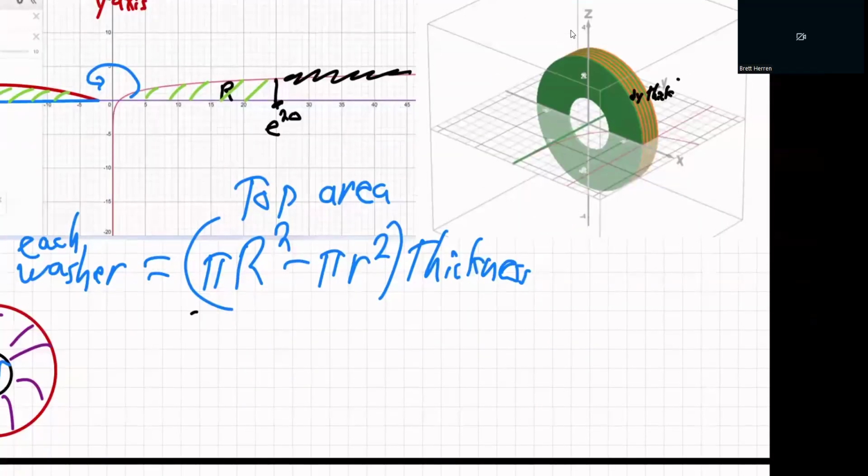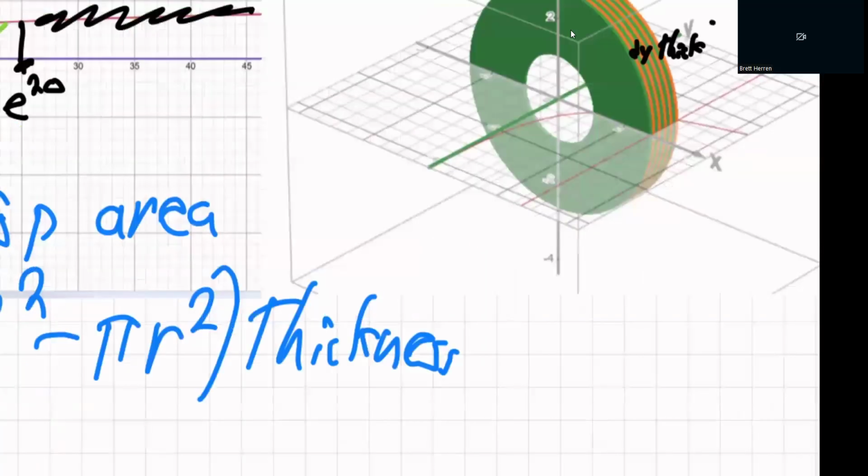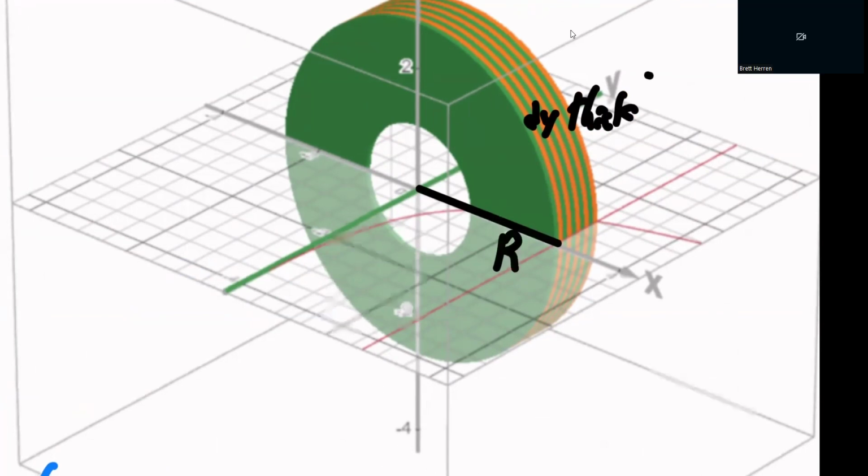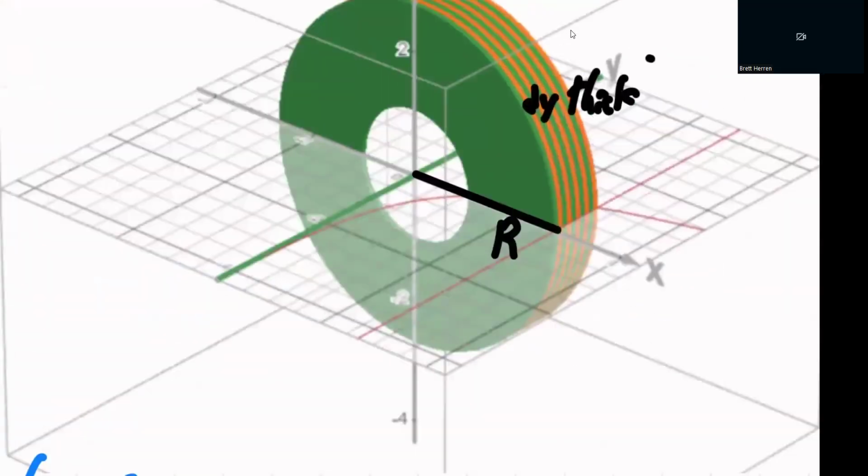Okay, so now we've got this. This is going to be what? So now pi, what's the big radius? Well, the big radius goes from here all the way out to there. That's the capital R, right? And then the little radius. Well, let's stick with that one. So that's hitting this line out here.